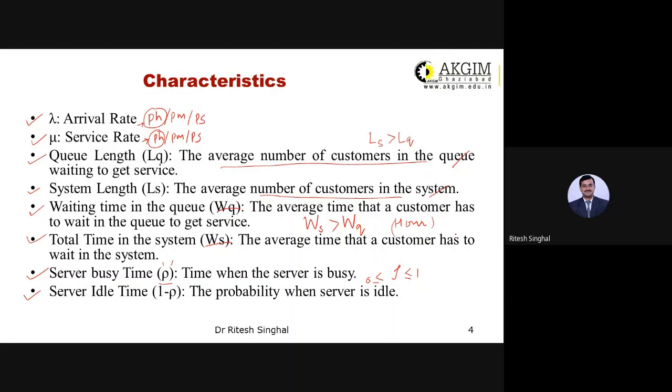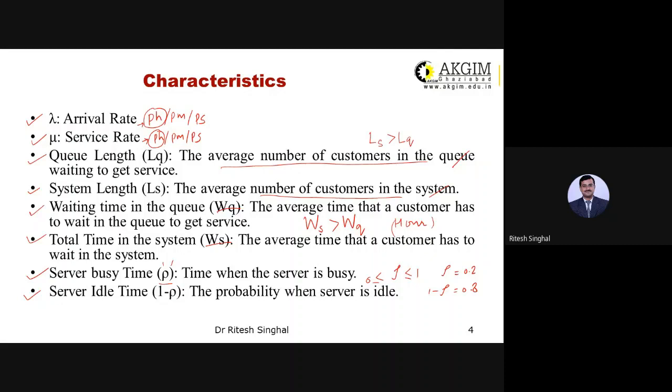For example, if the value of rho is 0.2, then the value of 1 minus rho would be 0.8. It means 20% of the time the server is busy and 80% of the time the server is idle. Idle means it is not doing any kind of work.